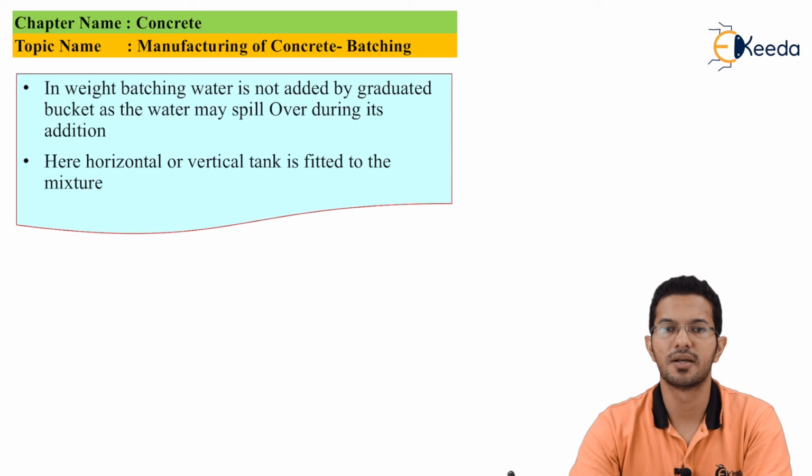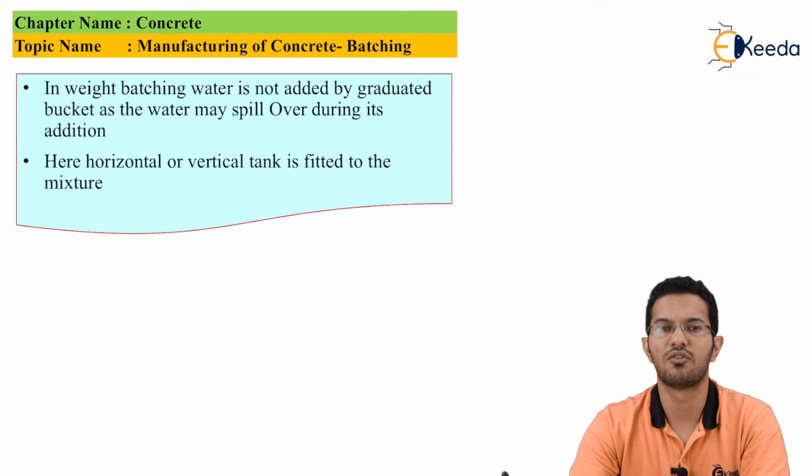Weigh batching concrete mix gives medium to very high slump, while for the same mixture proportion in volume batching, slump differs from low to high. Volume batching does not require skilled workers, but weigh batching does. The selection of batching method depends upon the size of the project and the concrete production rate.